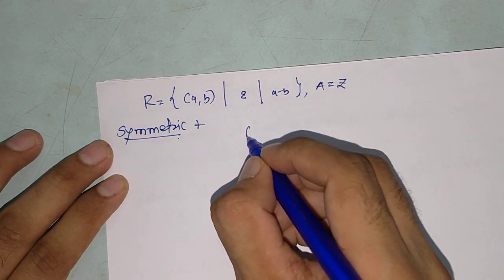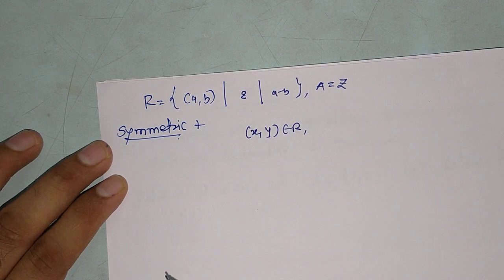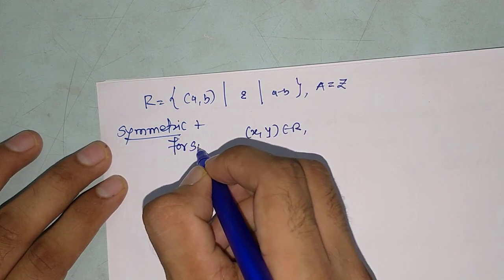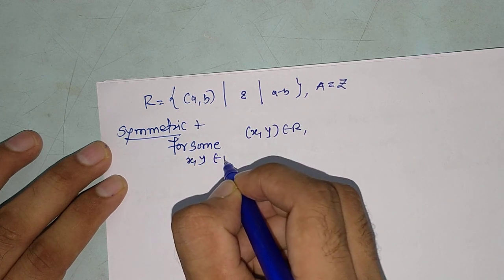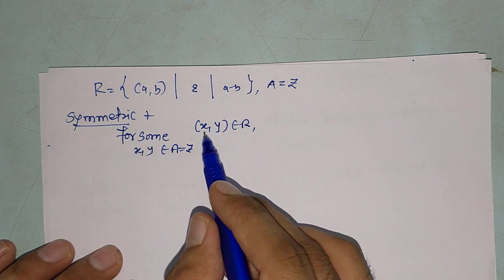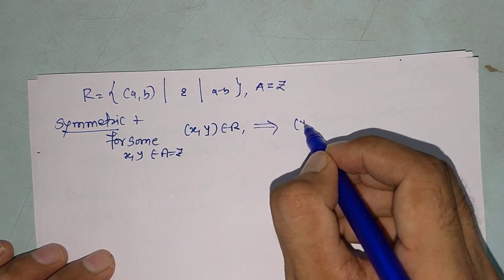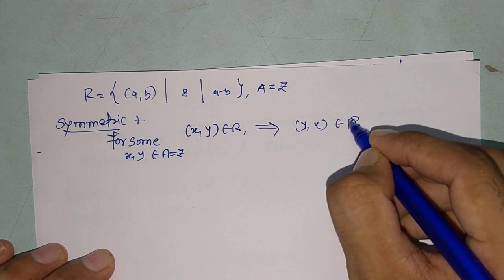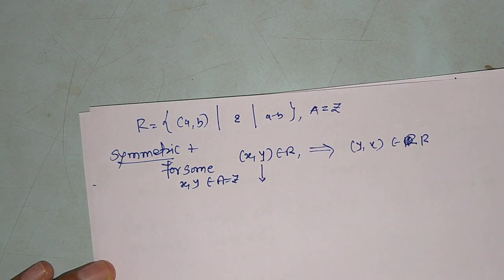If I have one pair (x, y) belongs to R, over here remember it is for some, not for every, x, y belongs to A equals Z. If I can find a relation between x and y, then it must imply that y and x are also related.